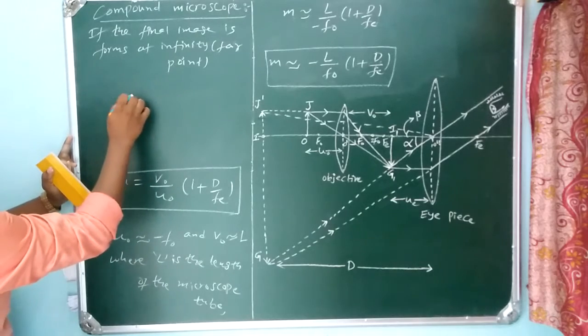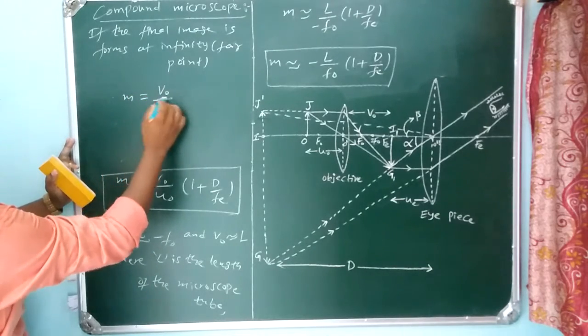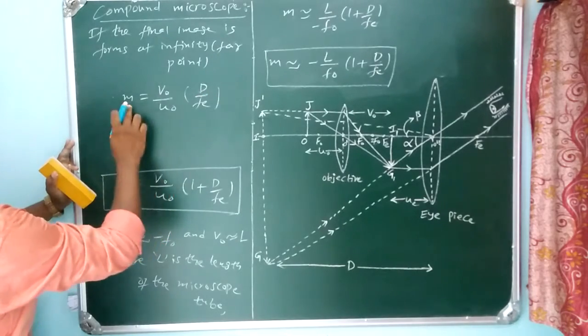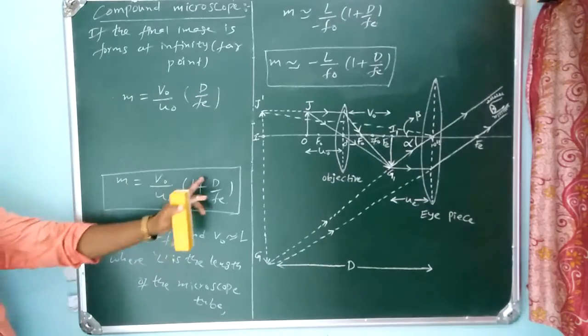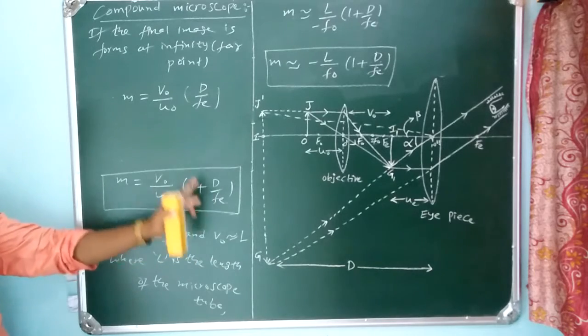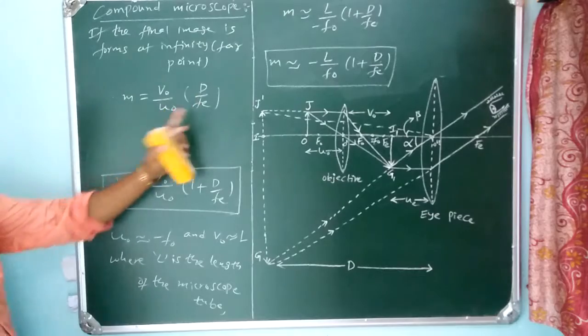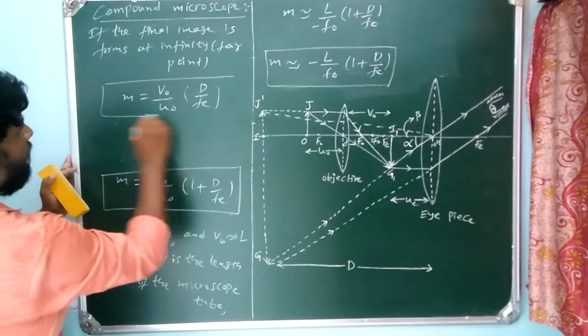Then we write m equal to v naught by u naught into d by f_e. If this is the near point, it is 1 plus d by f_e, and if the image is formed at the far point, m equal to v naught by u naught into d by f_e. This is also another formula.